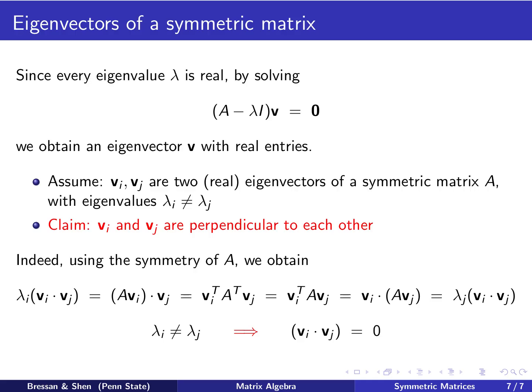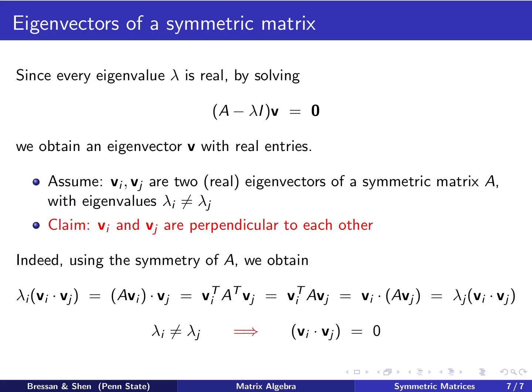Now take a pause and see what we have derived. We have derived that this expression here equals that expression. And in there we see that Vi inner product Vj appears at both the left hand side and right hand side. And then we have a lambda i and we have a lambda j. Under the assumption that the eigenvalues lambda i and lambda j are distinct, they don't equal each other.